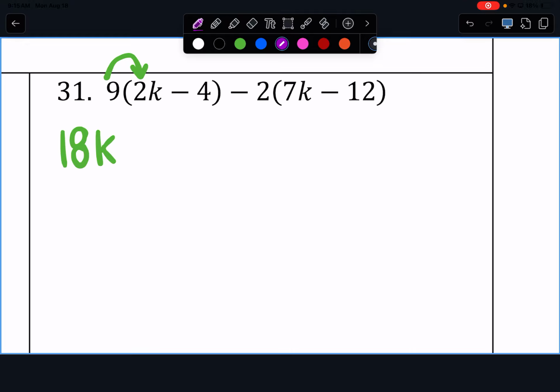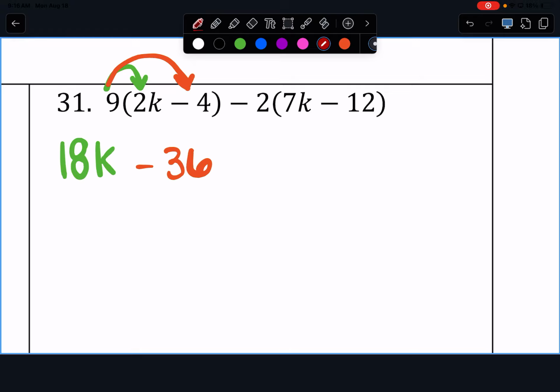Then 9 times negative 4, which gives us negative 36. And then for the second half of this problem, I have to distribute 2, but what else do I need to distribute? The negative. So negative 2 times 7k is going to give us negative 14k. And then negative 2 times negative 12 is going to give us positive 24.